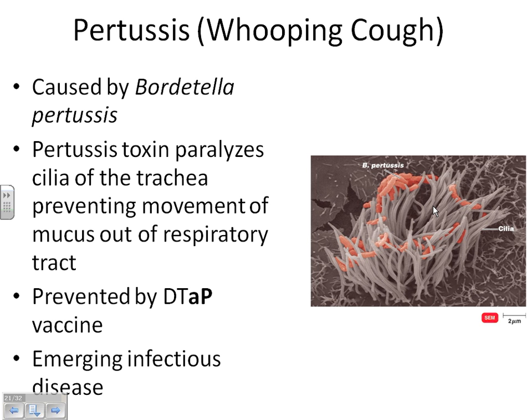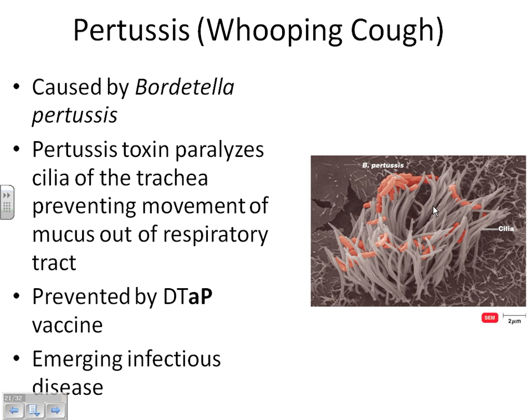Now I keep saying babies because this is not something that an adult's immune system cannot commonly fight. Almost all adults have at some point in their life in the United States been vaccinated against pertussis. So if you come in contact with Bordetella pertussis, the bacteria, you'll have enough immunity built up from that old vaccine that you will not get the symptoms.